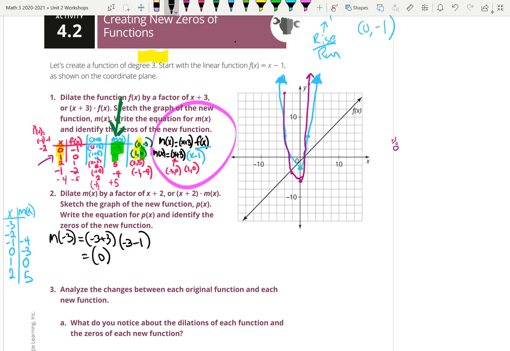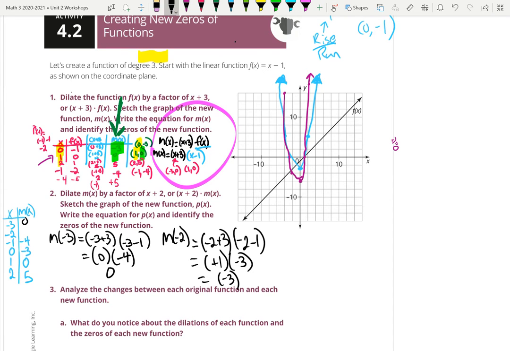This would be 0 times -4, making the output of -3 equal to 0. Likewise, if I plugged in -2, it would produce +1 times -3, making the output of -2 equal to -3. If I was confident in my sketch of the graph, I could also look at it. This is just a review of how to determine them algebraically.